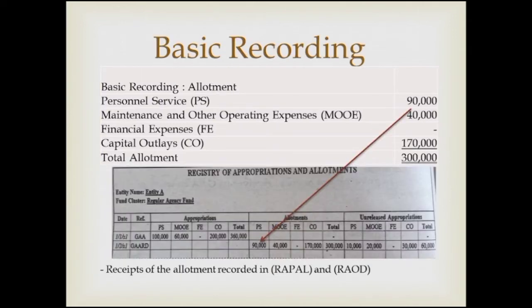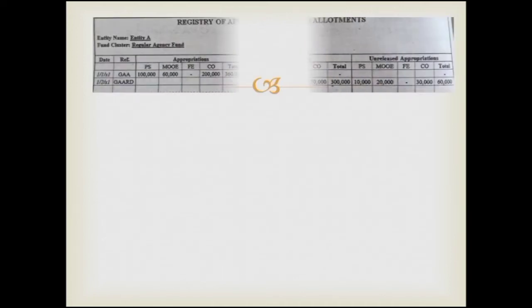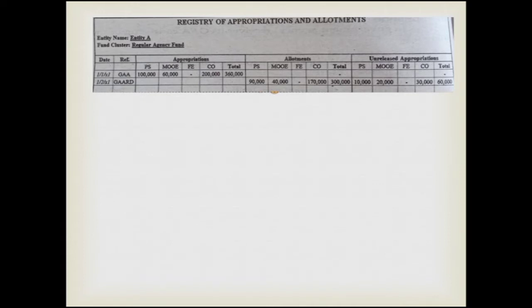The second one is the basic recording for allotment. As we can see here also, we have the objects of expenditures. Each of the amounts of these objects of expenditures is recorded in the allotment column of the Registry of Appropriations and Allotments. So receipts and allotments are recorded in RAPAL and RAOD. We have here the Registry of Appropriation and Allotments or RAPAL.